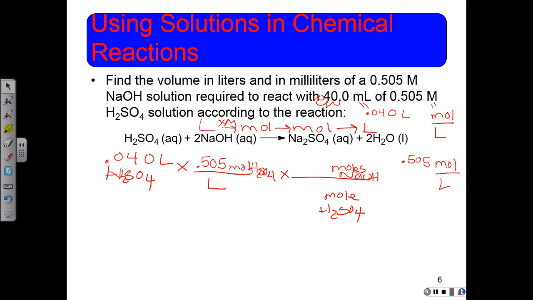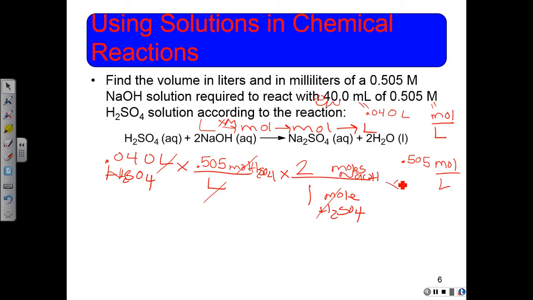How many moles in our balanced equation do we have of sulfuric acid? 1. NaOH, 2. So we have a 2-to-1 ratio. We have the 2 up top and the 1 down below because we have to be able to cancel our units. So liters cancel, moles cancel. If you were asked for moles, you could stop here, at moles of our sodium hydroxide.